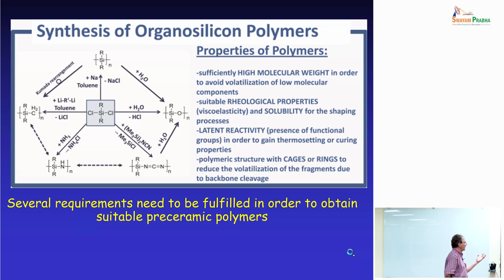You need to have suitable rheological properties and solubility for the shaping processes. So from the synthesis of your raw materials, you can either obtain a liquid or you can obtain a solid. And one very important point is that once you make your preceramic polymer, you shape it, you obtain your preceramic component, you pyrolyze it, you obtain your ceramic part.